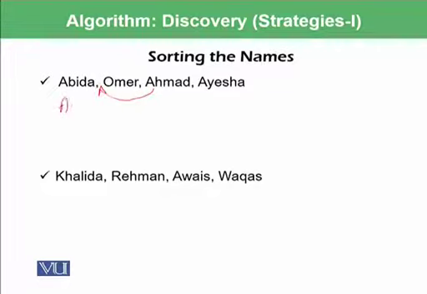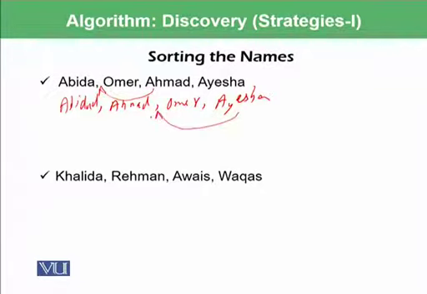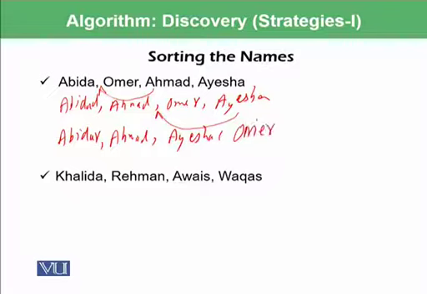So this becomes Abida, Ahmad, Umar, and then Aisha. The next step would be putting Aisha between Ahmad and Umar. So this becomes Abida, Ahmad, Aisha, and Umar.